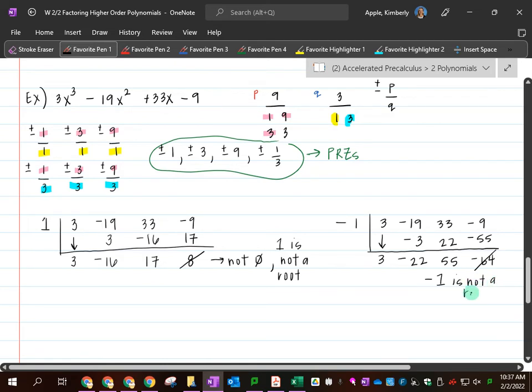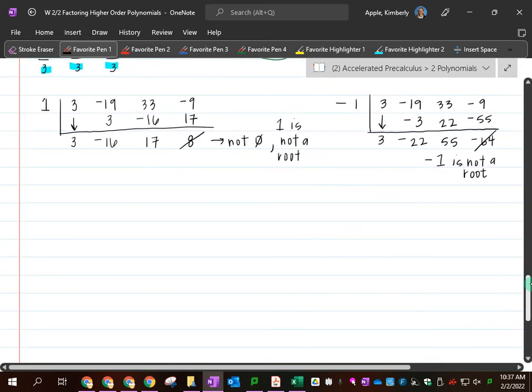I have to keep going until I find one. Okay. What's the next in the list? Plus or minus 3. Yep, so let's start with positive. I like positive 3. Let's try 3. 3, negative 19, 33, negative 9. 3, that's 9, that's negative 10, that's negative 30, that's 3, that's 9, that's 0.